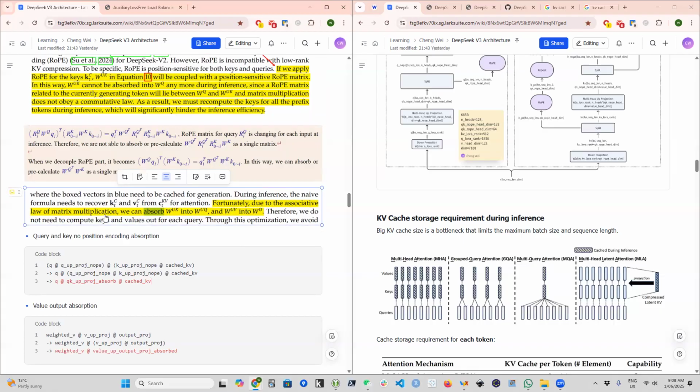Unfortunately, due to the associative law of metric multiplication, we can absorb this one into here.